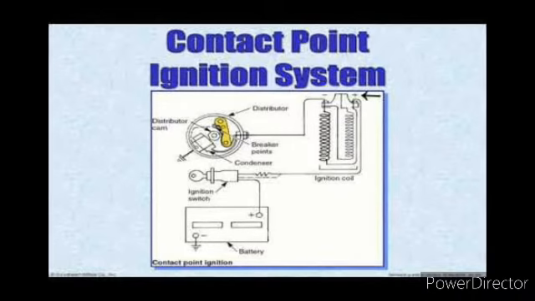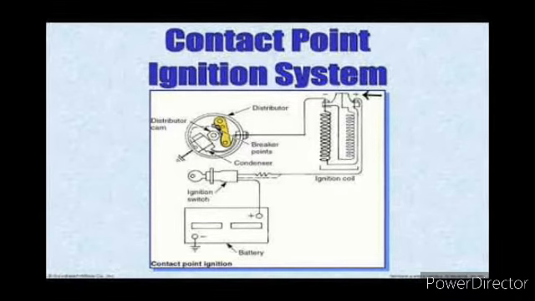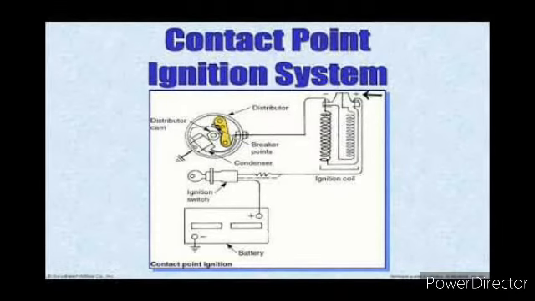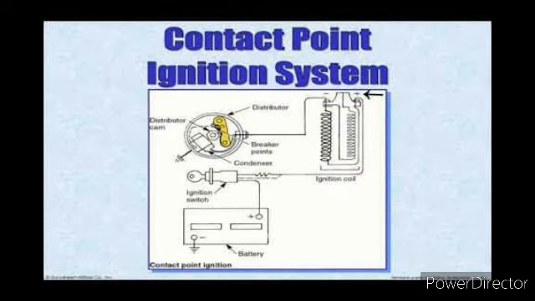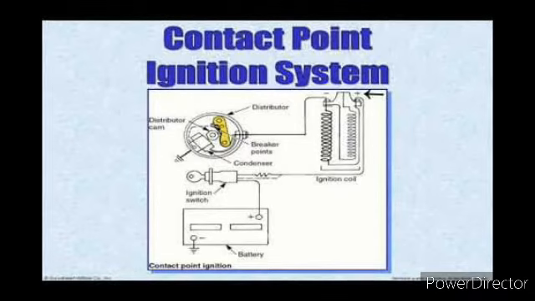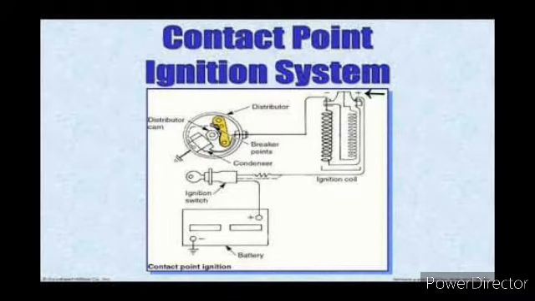Point dwell is the amount of time, given in degrees of distributor rotation, that the points remain closed between each opening. A dwell period is required to assure that the coil has enough time to build up a strong magnetic field. If the point dwell is too small, the current will have insufficient time to pass through the primary windings of the ignition coil, resulting in a weak spark.